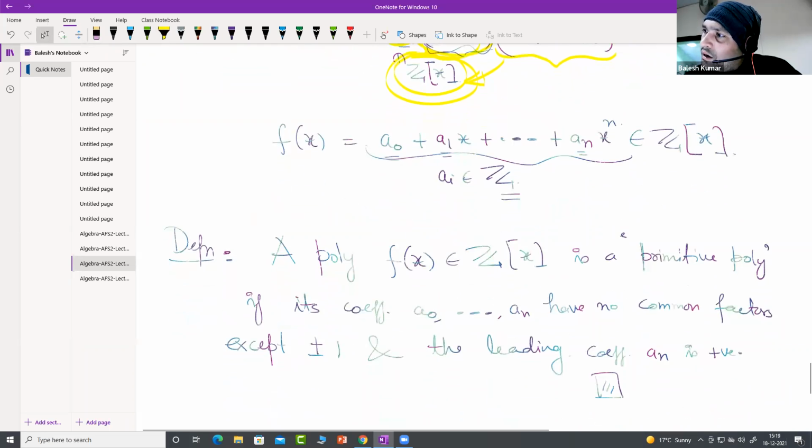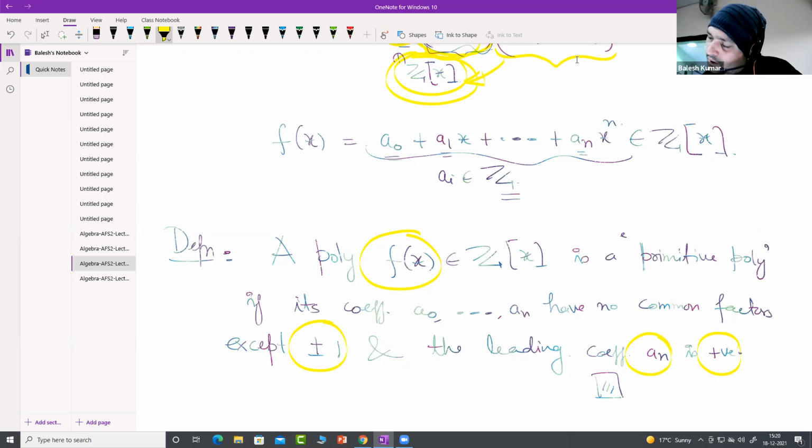Here is the definition of a primitive polynomial that we have defined: an integer polynomial is primitive if all its coefficients do not have any common factor except the units. Instead of monicness, we put the condition that the leading coefficient a_n, the highest degree coefficient, should be positive. So we are normalizing somehow.